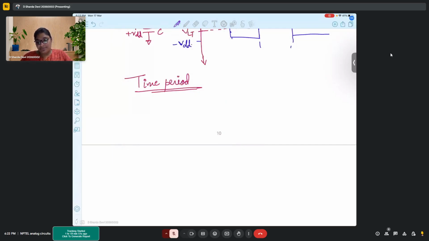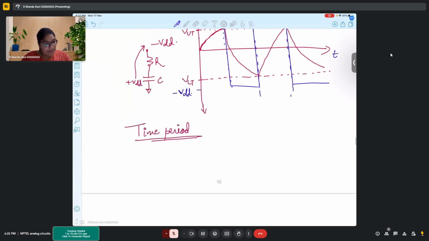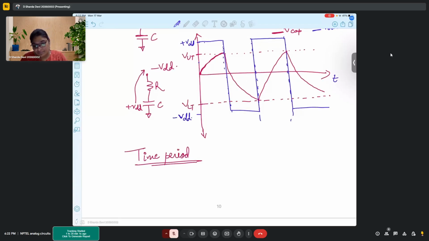Here we will start from some point. Let us consider some initial value, and from there we will see how things are changing.